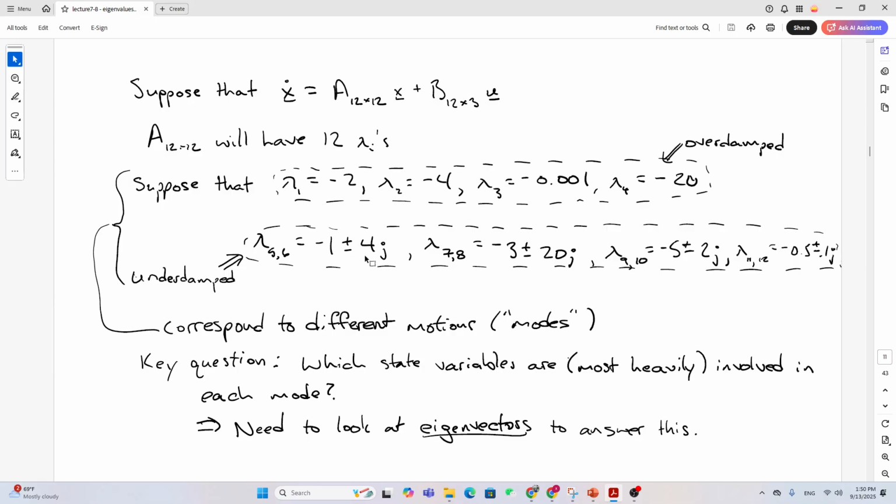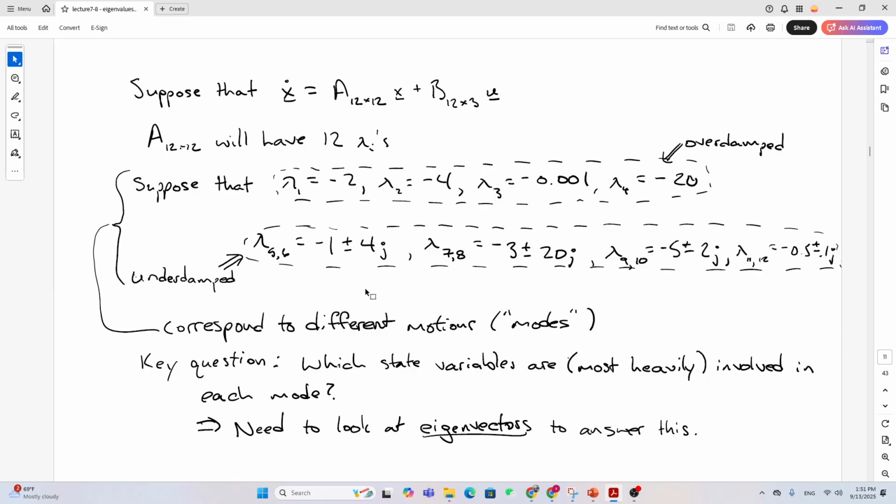If you also look at your other eigenvalues, if they are complex numbers, they always show up as conjugate pairs. Whenever this happens, you have this oscillation frequency, and it's considered an underdamped system.